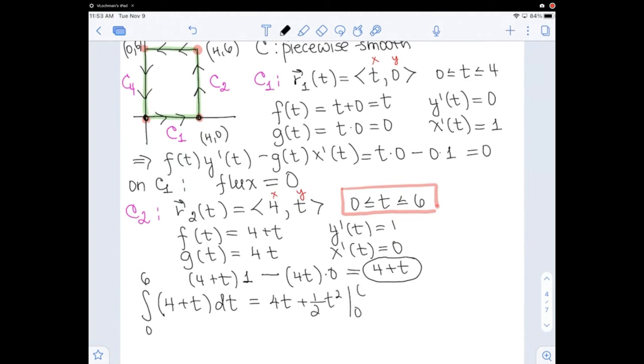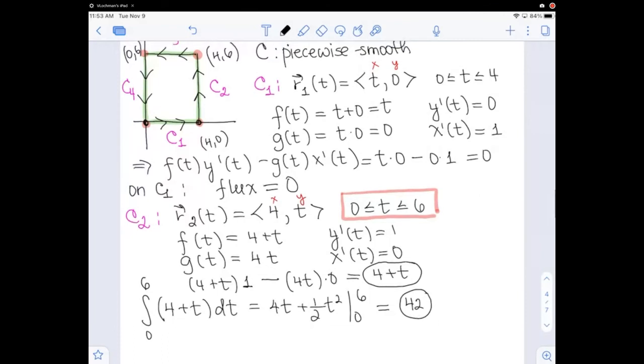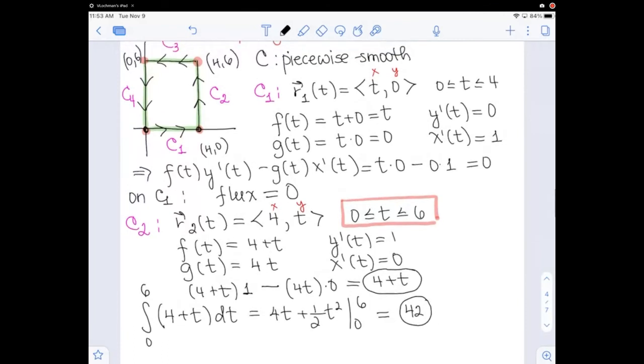At 0 everything vanishes, so just evaluate this at 6, and we get a nice number, 42. So the flux on C2 is non-zero, a positive amount of stuff going through the surface along that line.